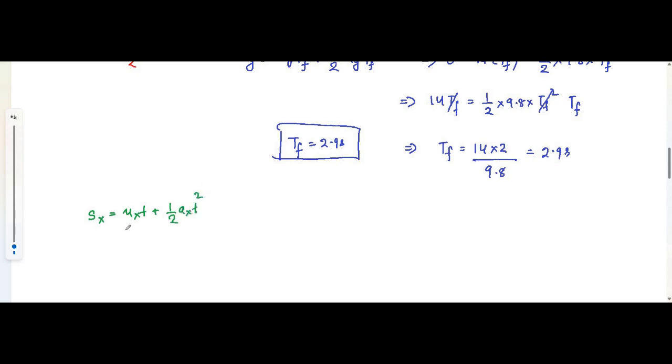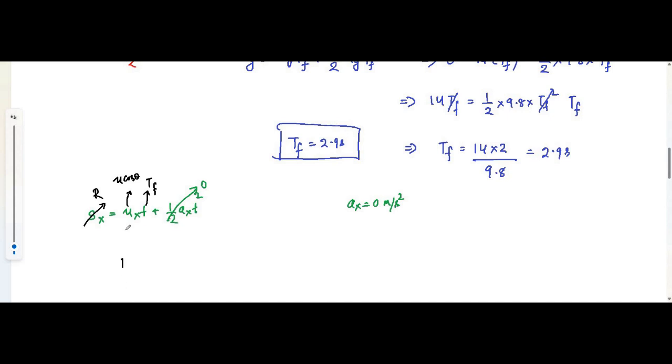But here we know that there is no accelerating or decelerating component along the x-axis. So ax is equal to 0 meter per second square. So this whole thing will become 0. So for the entire journey, Sx is equal to the net horizontal distance, and this t will become the time of flight, and ux, which we all know, is equal to u cos theta.